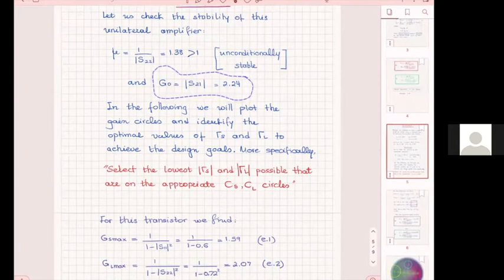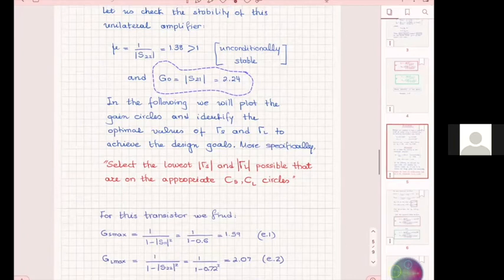But we don't know how much GS and GL are. All right, we don't know because we have not selected gamma S and gamma L yet. So we don't know the values of GS and GL yet, but we know the maximum.